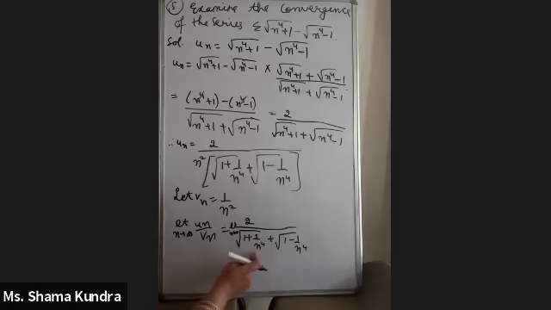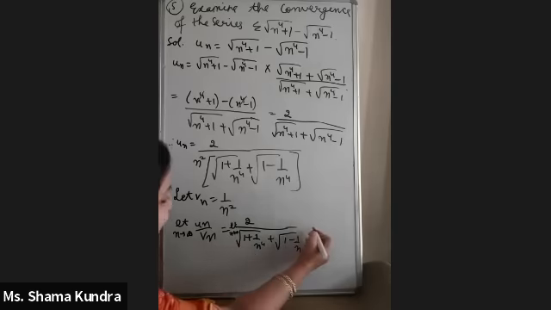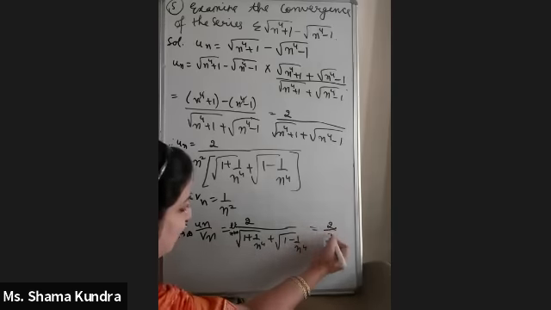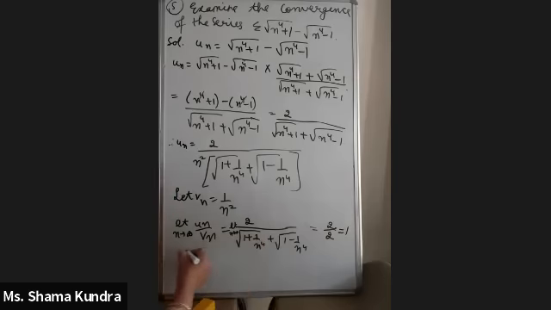On putting n tends to infinity, this will become 0. 1 plus 0 is 1. Under root of 1 is 1. Similarly, here under root of 1 is 1. What we will get? 2 upon 1 plus 1, 2 by 2, 1, which is finite and non-zero. Therefore, by comparison test, un and vn will behave alike.